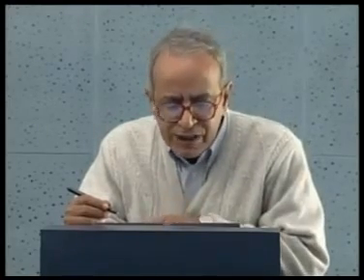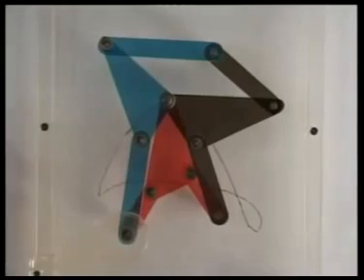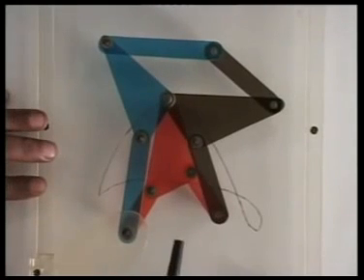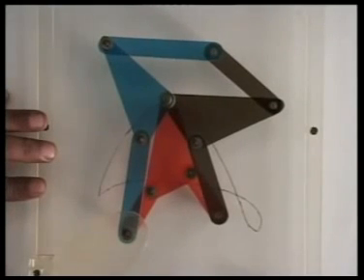But this will not be highlighted in this lecture. We will just show you the model of this particular mechanism. Let us now look at the model of this 10-link mechanism which has just been discussed. As we have seen, according to the calculation, the degree of freedom should have been minus 1.